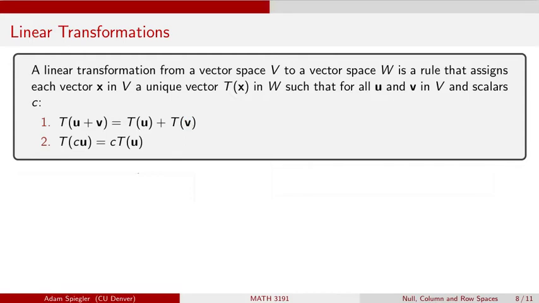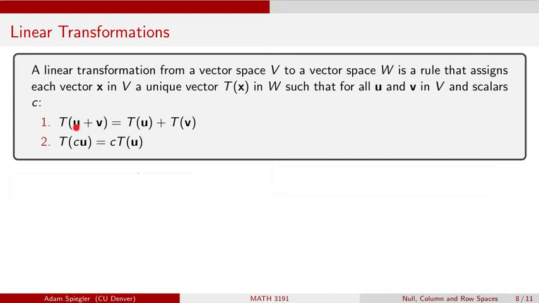And similarly, we can pull out multiplication by a scalar. So the transformation of scalar c times vector u is going to equal c times the transformation of vector u. This is the same definition and the same properties that a linear transformation needs to satisfy.